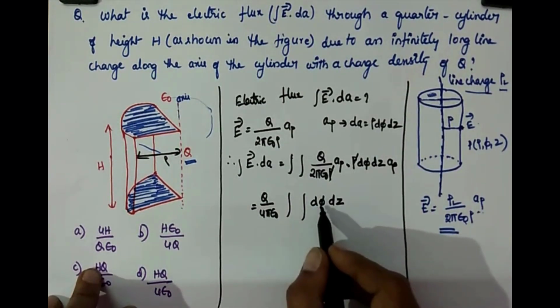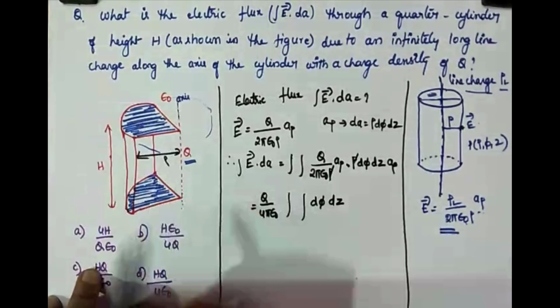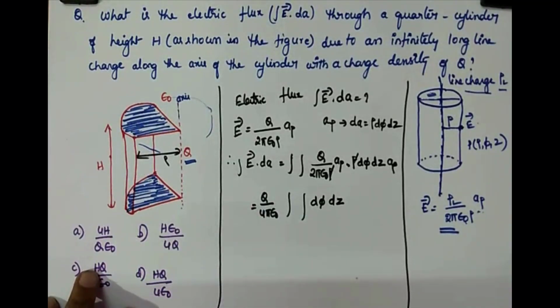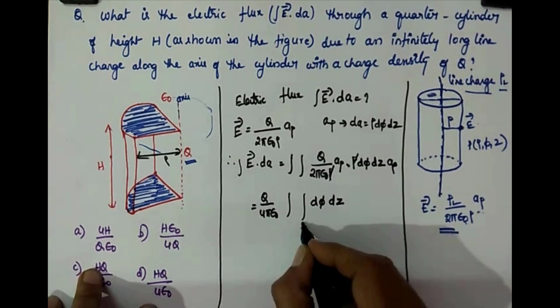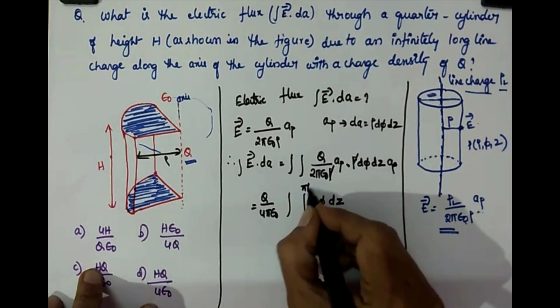What are the limits of phi? As the cylinder is a quarter cylinder: if the cylinder is full, phi is 360 degrees; for the half cylinder it is 180; for the quarter cylinder it is pi by 2, meaning 90. So the integral is from 0 to pi by 2.